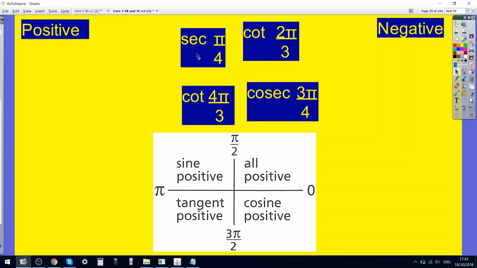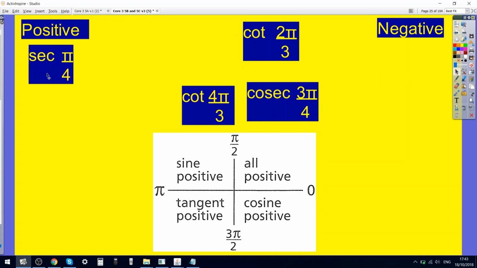It doesn't really matter. Is a quarter between 0 and a half and 1? Okay. It's going to be all positive, isn't it? Yeah.